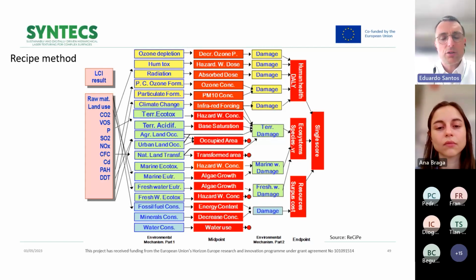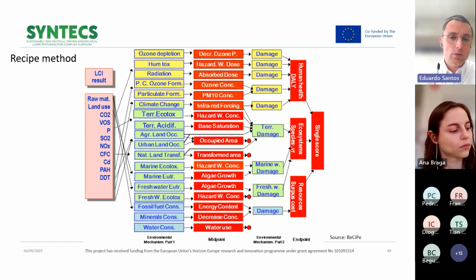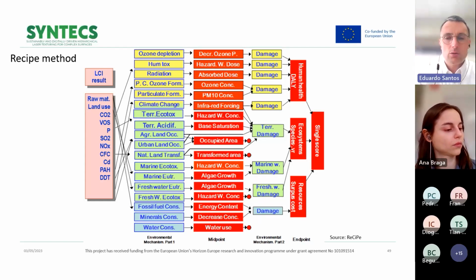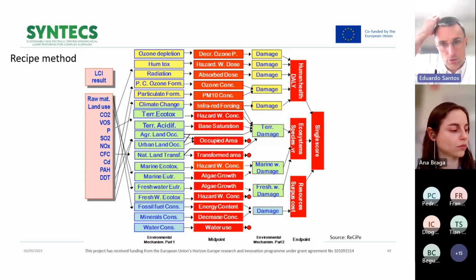So it's basically a measure of the change in our life expectancy with quality of life. And then we have ecosystems quality, which is calculated in terms of the species per year that are lost. And then we have also resources surplus cost, which is basically a unit of how much additional cost do I have to bear to get the same amount of resources that I would have gotten in the past because of the use of resources.